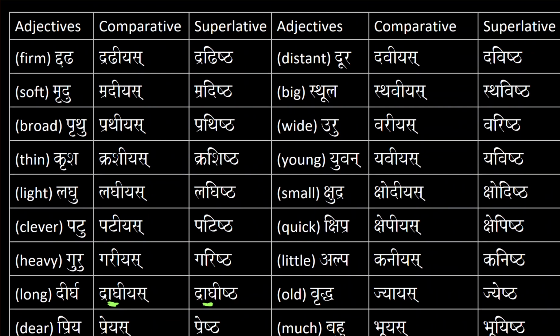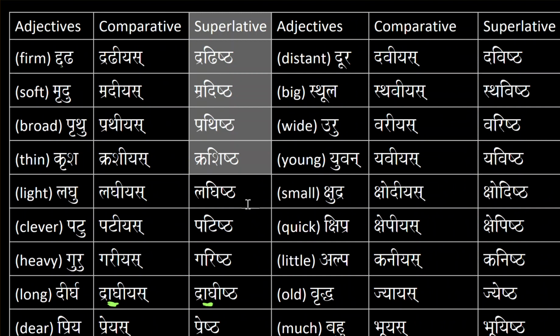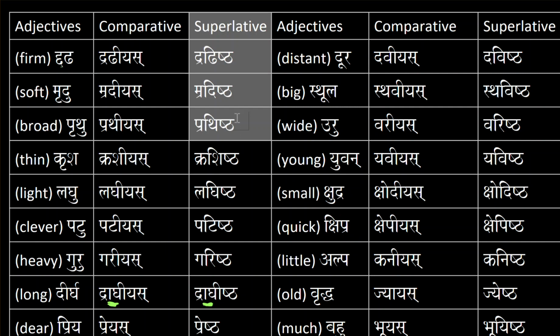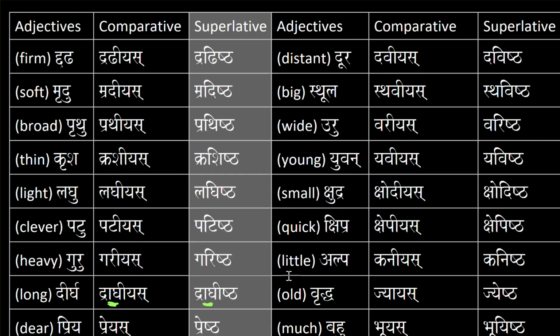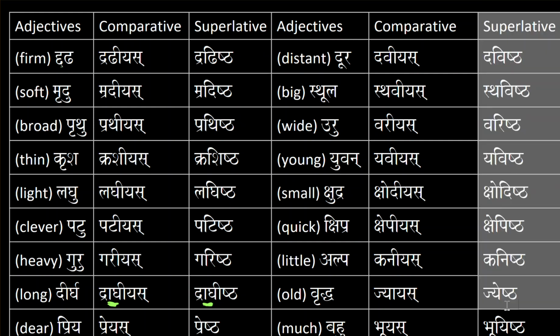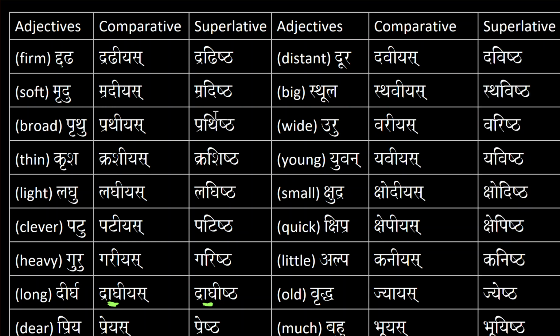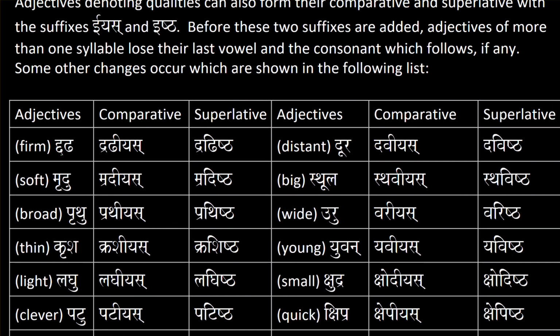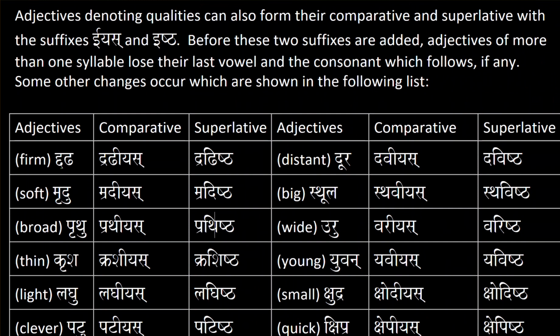So basically, this column, the superlative column, and this one too, this superlative column. These two columns would be declined like kupaha for masculine and vanam in the neuter, just like the last suffixes that we dealt with, the tara and the tama, for the comparative and superlative.